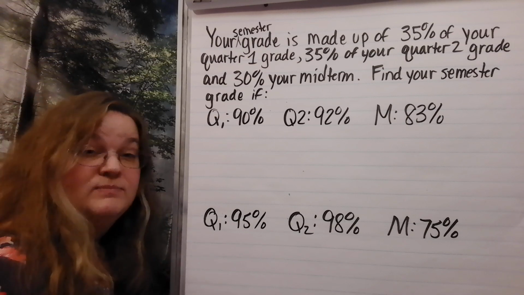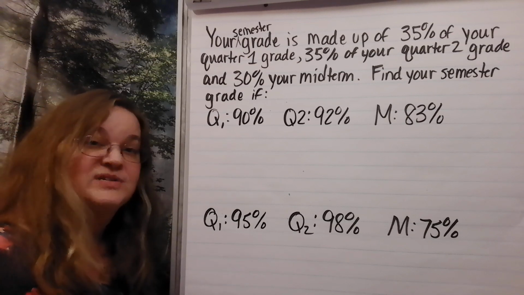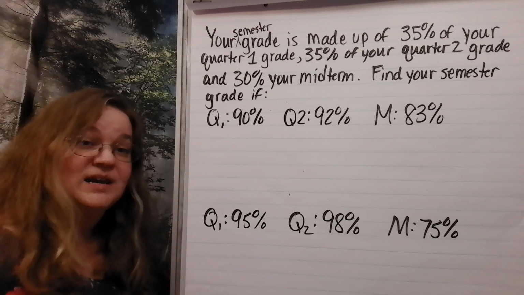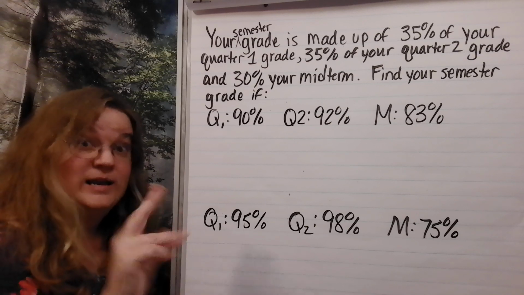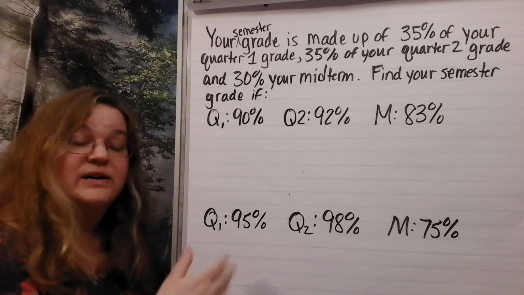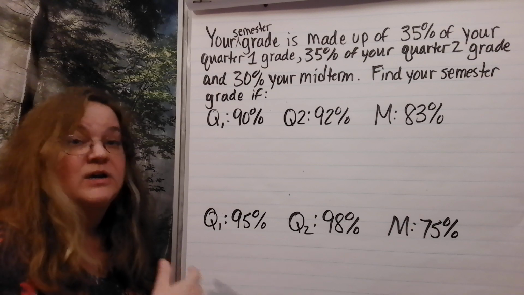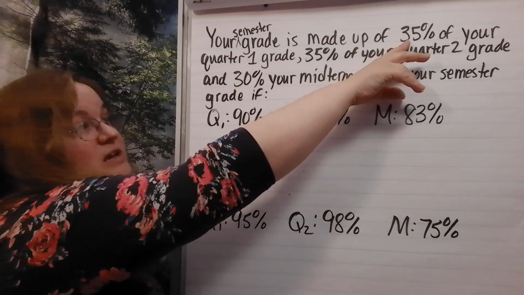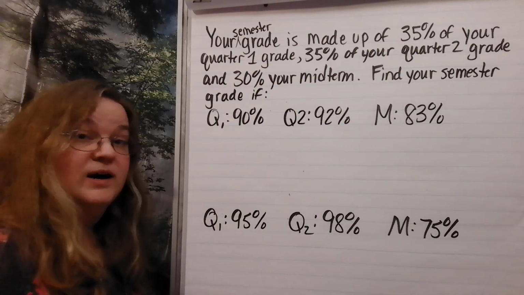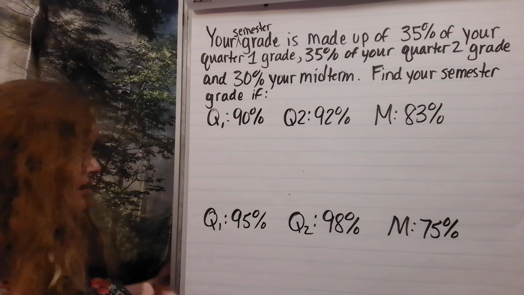Now, percent means per 100. So it's out of 100. So in this case, we're going to deal with the weighted part first by just dividing the weights by 100. So 35%, we're going to make 0.35, and then we don't have to divide by anything afterwards.